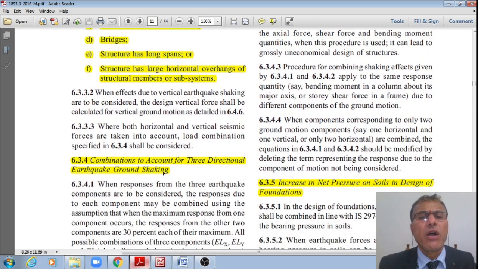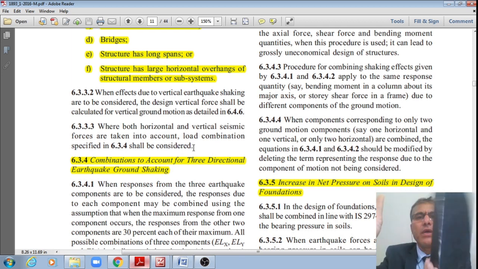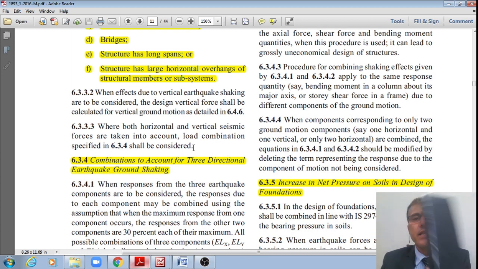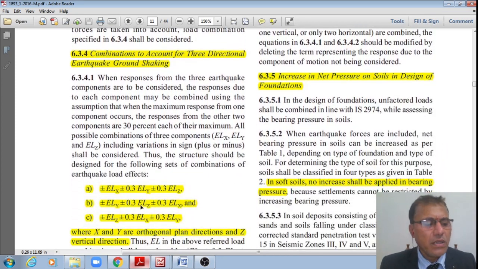Now the next one: combinations to account for 3-directional earthquake ground shaking. I have a building wherein I have to consider all the 3-directional earthquake ground shaking. In which case, how? The code says you consider all three earthquake load combinations.